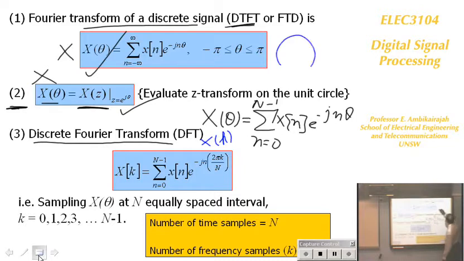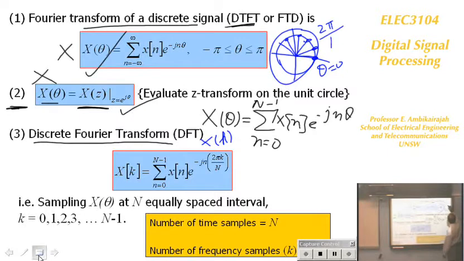K means I take the unit circle and find out the first frequency theta equals 0, then the next frequency, they are equally spaced. So I could say 2 pi is divided by n points. You want 256 points, frequency positions. So you can now say theta can be replaced by 2 pi over n times k. So k is the frequency position.